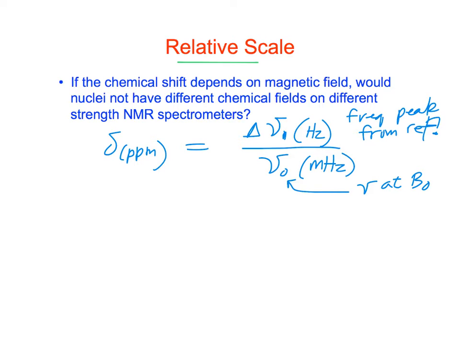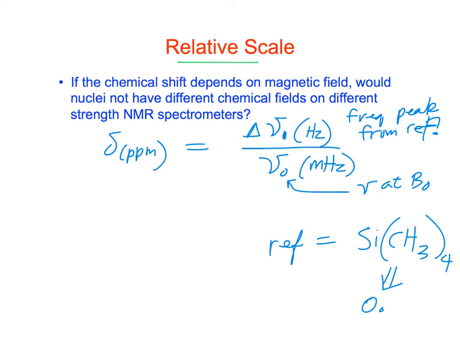So what do we use as our reference? TMS or solvent. Yeah. So the usual reference for proton NMR equals TMS, trimethylsilane. But is that TMS still referenced to residual solvent, or when you use TMS, do you just simply make it relative to TMS?